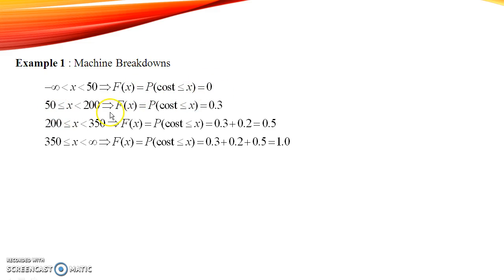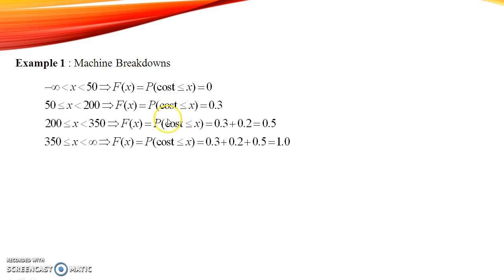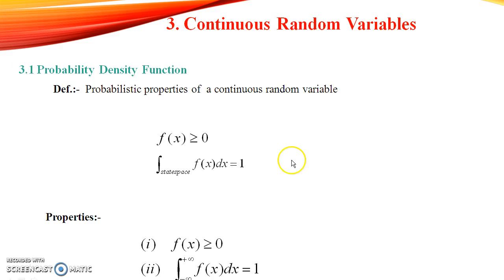For 50 to 200, the cumulative distribution function given in the table is 0.3. Similarly, for 350 less than or equal to x less than or equal to infinity, when x tends to infinity the cumulative distribution function is always 1, which is given in the second property of a cumulative distribution function.